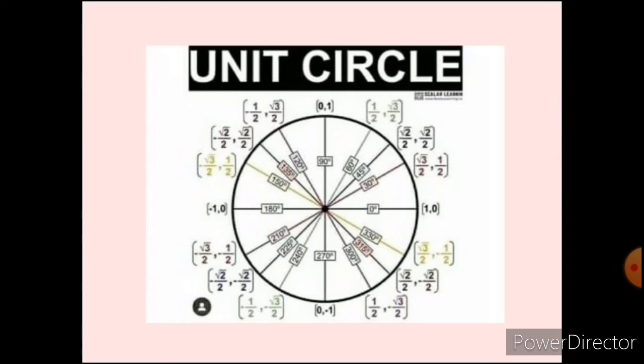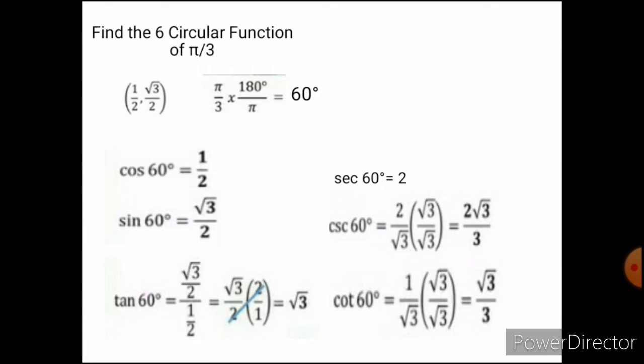From this coordinate, we can obtain the 6 circular functions. We have sine, cosine, secant, cosecant, tangent, and cotangent. In converting radians to degrees, we simply multiply by 180 over pi. Pi over 3 times 180 over pi is 60 degrees.